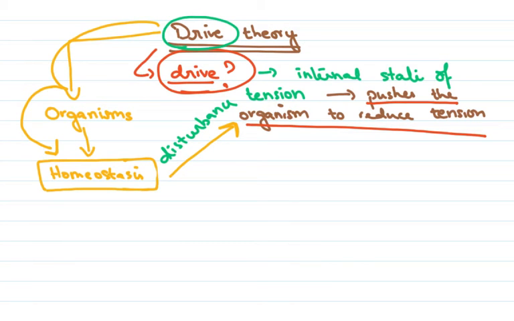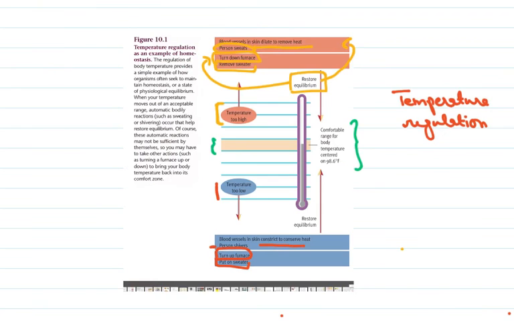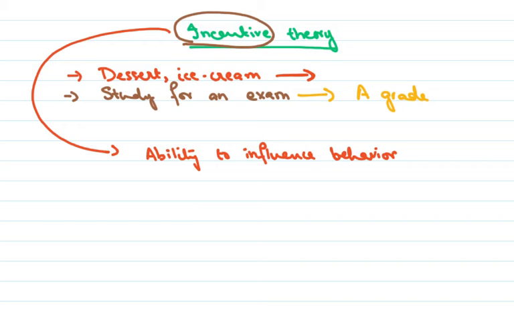It's an internal state of tension, whereas incentives are external factors. They are external to the organism, but they still have this ability to influence or direct behavior, right?